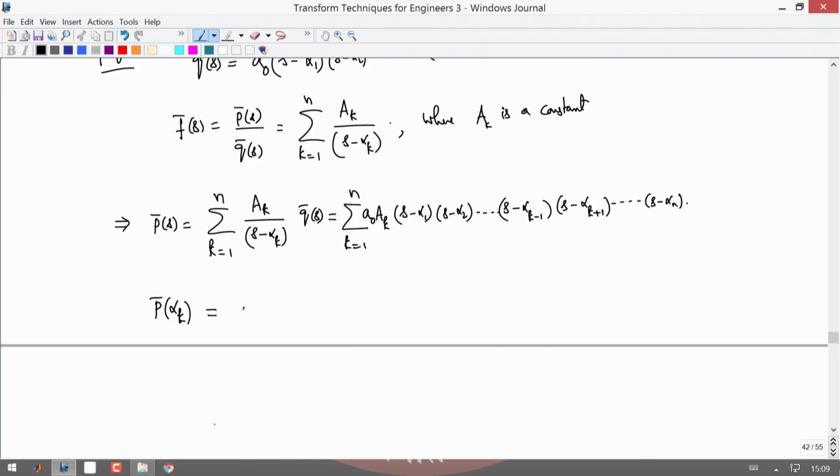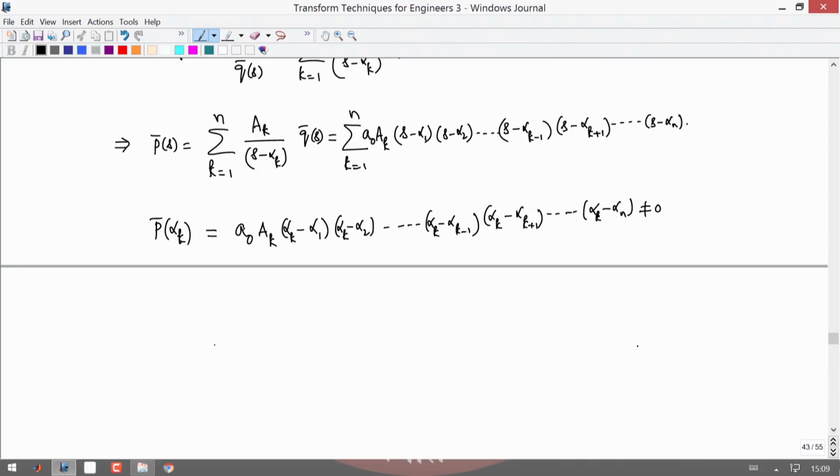So what is left is a naught, a k, times alpha k minus alpha 1, alpha k minus alpha 2, up to alpha k minus alpha k minus 1, then alpha k minus alpha k plus 1, up to alpha k minus alpha n. This is a non-zero quantity.